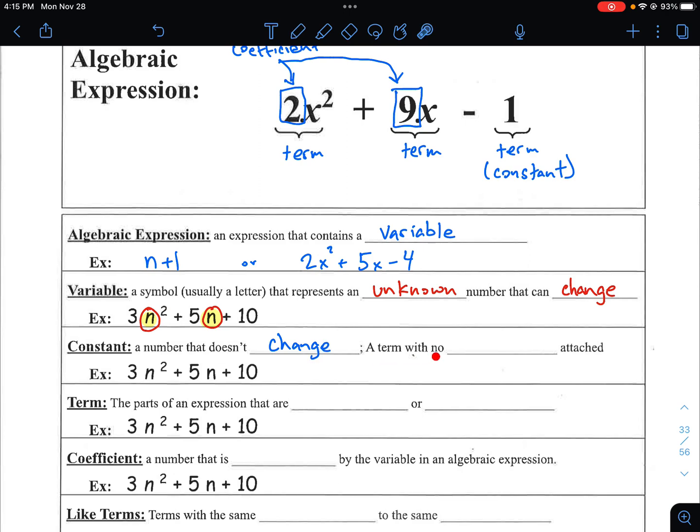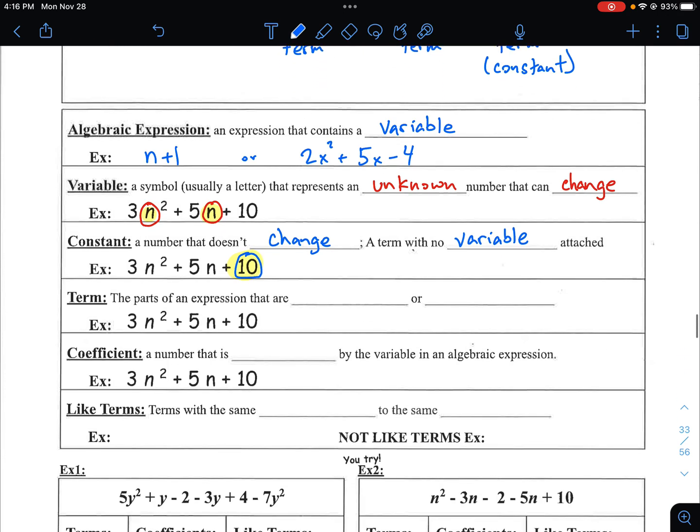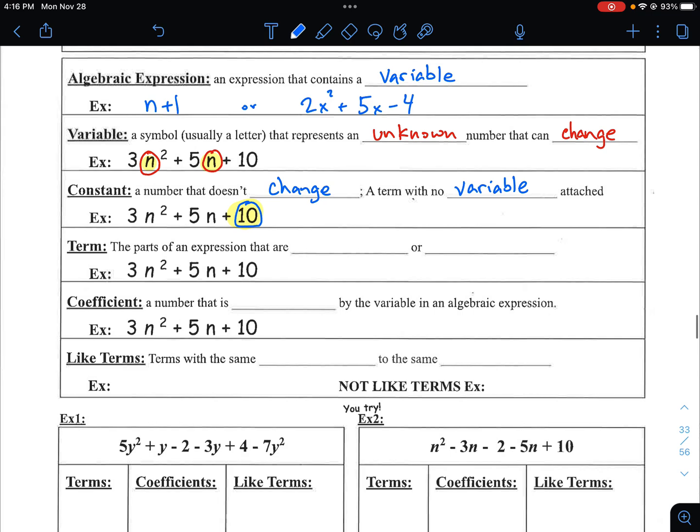Also, it's known as a term with no variable attached to it. So what are my constants? I only have one constant in this example, 3n squared plus 5n plus 10. My only constant is the 10. And to be technical, probably should include the plus in front of it, but don't worry about it for now.